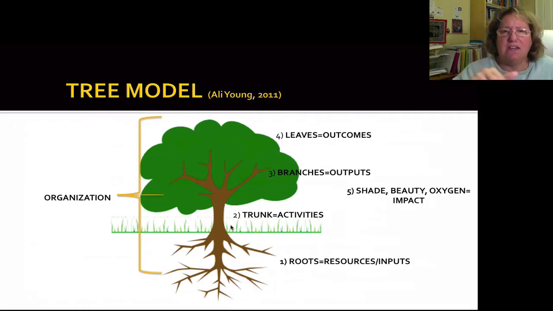Sorry, not the activities. The outputs. How many people did you engage with? How many people were really served in what kind of specific ways? So you're going to be tracking 3, 4, and 5 in this model. You're going to be in a program evaluation.